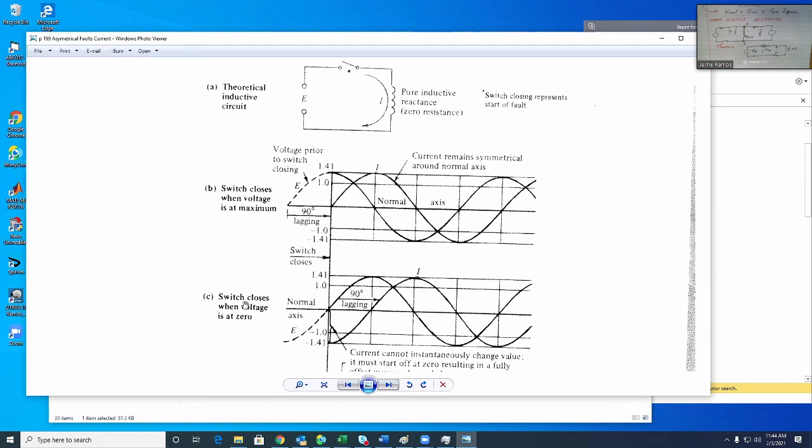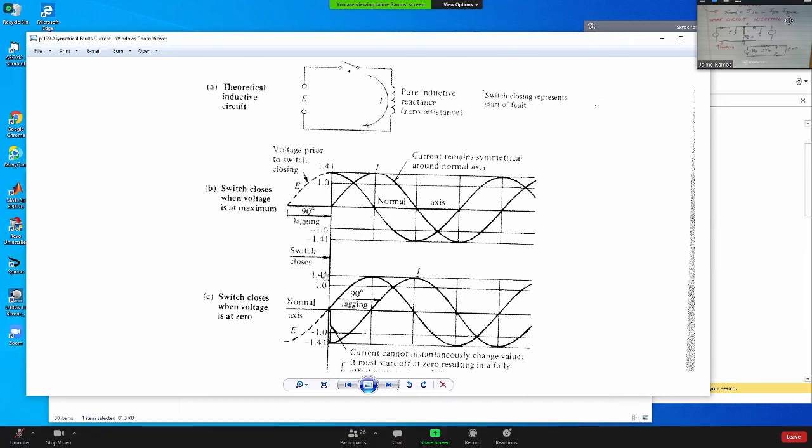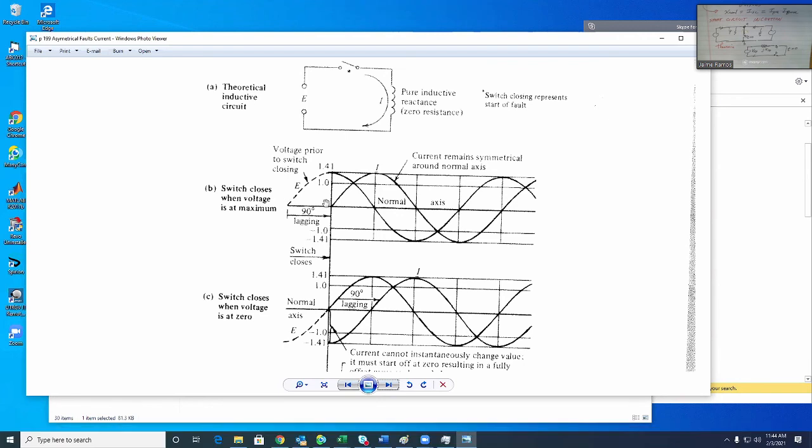Now, in condition C, the switch closes when voltage is at zero. The inception of the fault occurs randomly for the voltage phase, so that's why he considered two extreme cases. This is the voltage wave, therefore the current wave is 90 degrees out of phase, lagging.